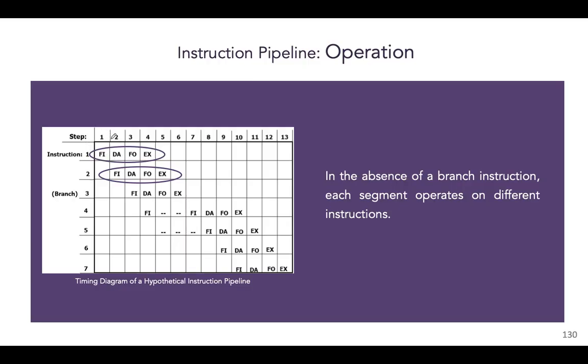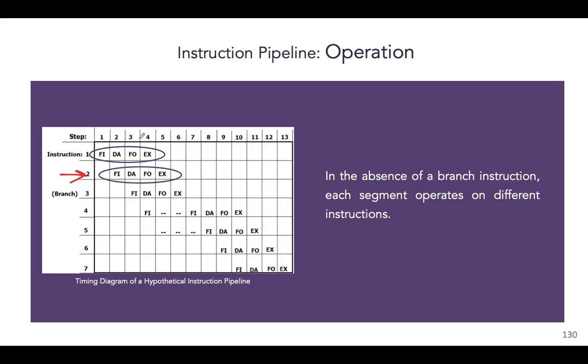When the second clock pulse occurs, your instruction goes from segment 1, which was FI, to DA. First the instruction was fetched, and now it is decoded and the effective address is computed. Now this instruction has moved on to segment 2. Another thing that happens in step 2 is that the next instruction in line is fetched. Instruction 2 is fetched when the second clock pulse occurs.